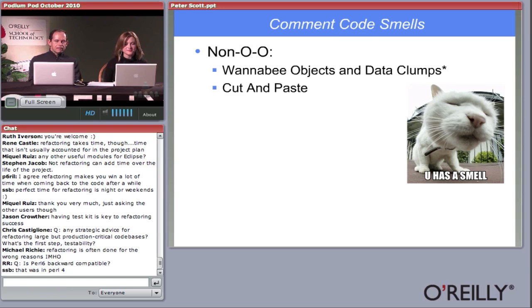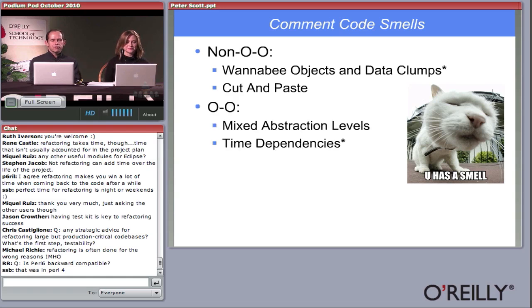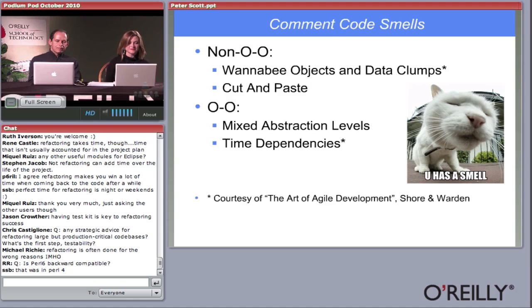And when you find something in the code that you don't like, at least comment it to begin with, so that you've got a standard thing you can search for to see where the things are that just seem wrong, that you can come back to, like so-called wannabe objects and data clumps. I didn't invent these terms; they came out of this book.